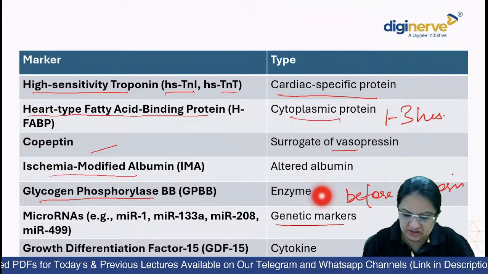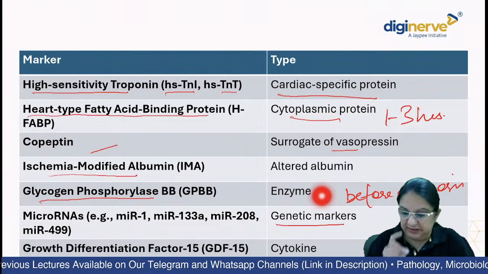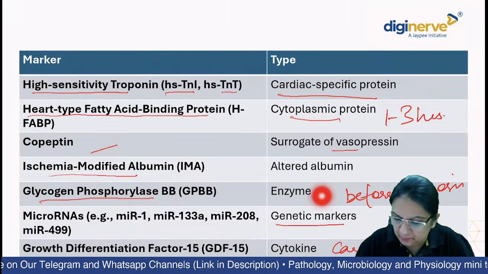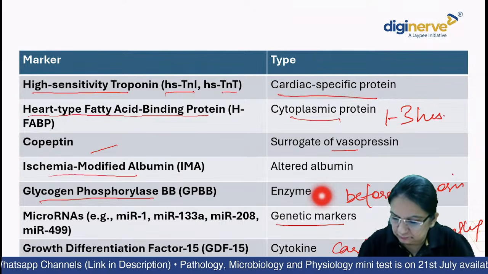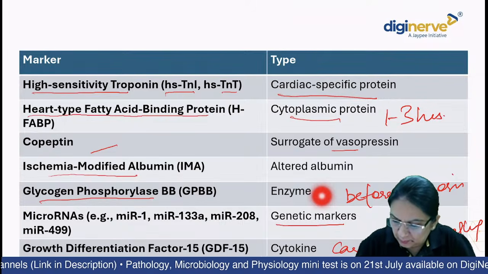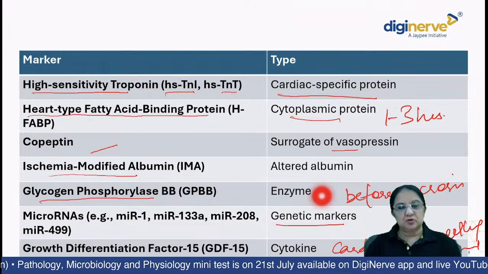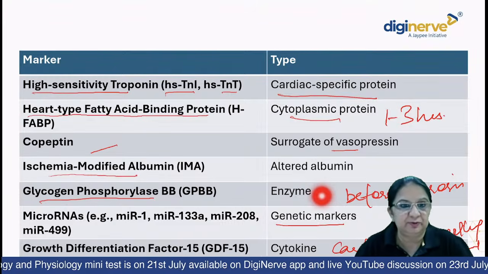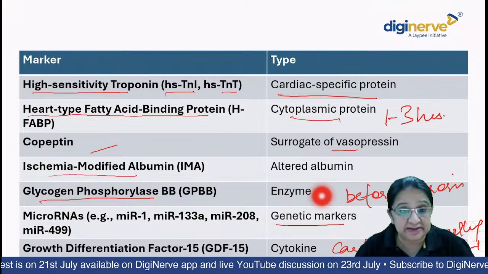Then we have certain genetic markers and growth differentiation factor 15, which can be a marker for cardiac remodeling, and an anti-inflammatory marker, right? So these have never been asked, but the high sensitivity troponin and HFABP can be asked for early detection of MI.